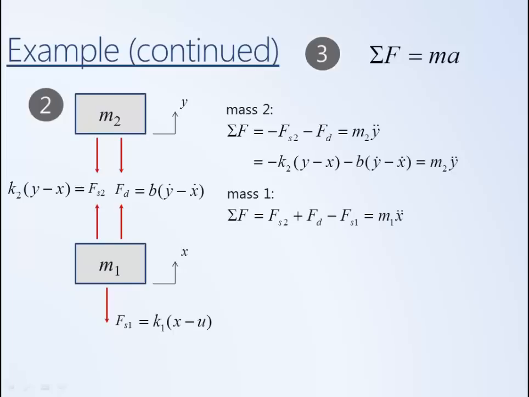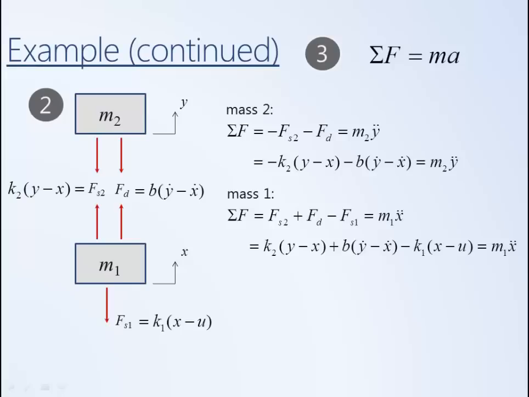So very similar to the form we had for mass 2. We then substitute in our expressions for Fs2, Fd, and Fs1 to get that equation, and then we're basically done. That's the governing equation for mass 1.